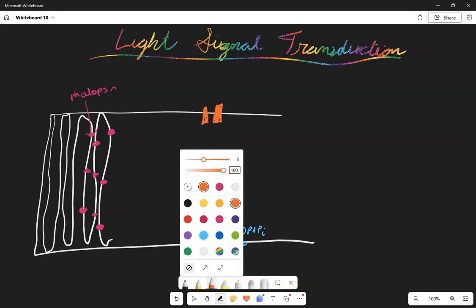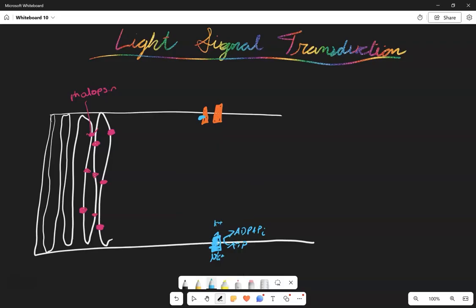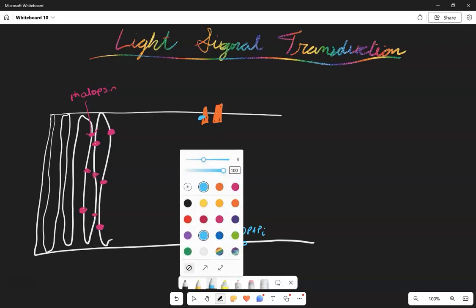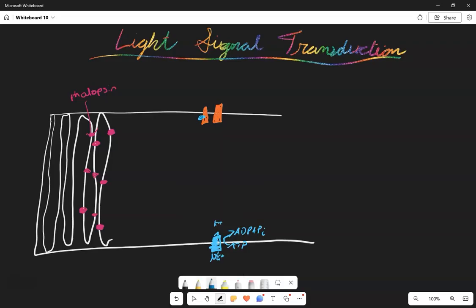This ligand activated channel is activated by a molecule of cyclic GMP.